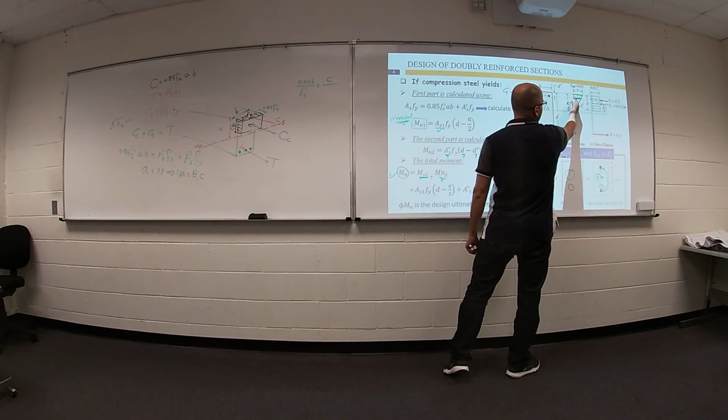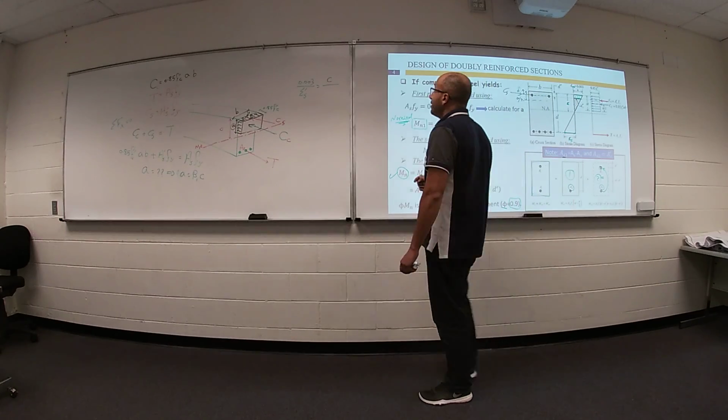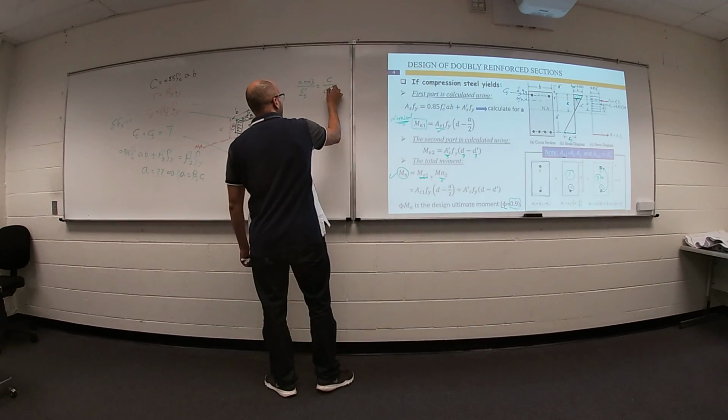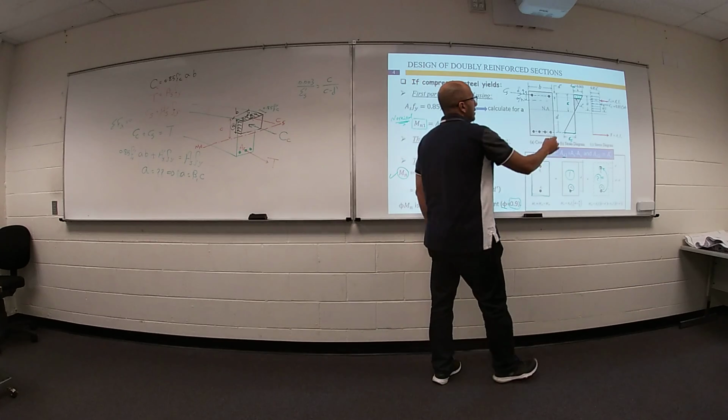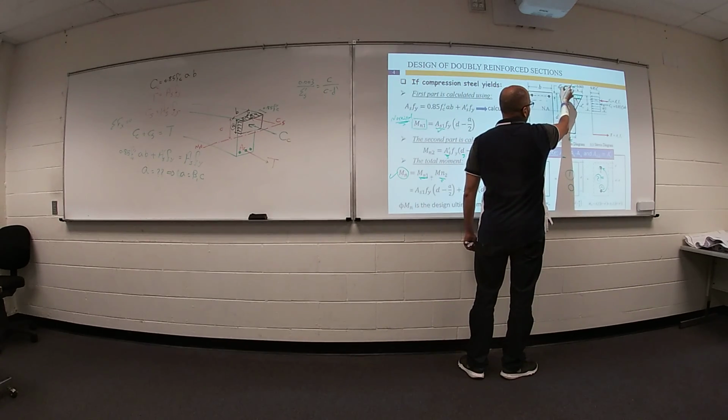Can anybody tell me what this distance will be? d minus d prime? No, c minus d prime. This little distance is called d prime.